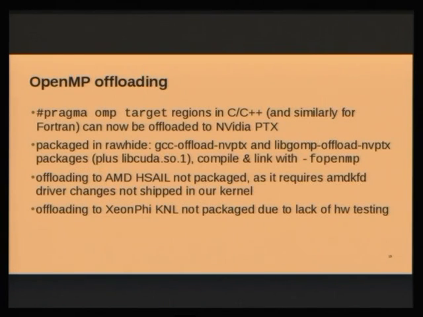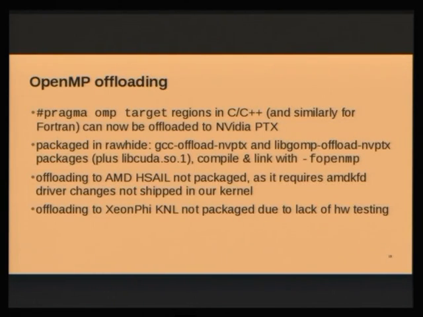Another feature which has been already in GCC 6 and 5, but has been extended, is OpenMP support, and especially OpenMP offloading to GPGPUs and other offloading devices. What is new in GCC 7 is that you can now offload OpenMP code to NVIDIA PTX.